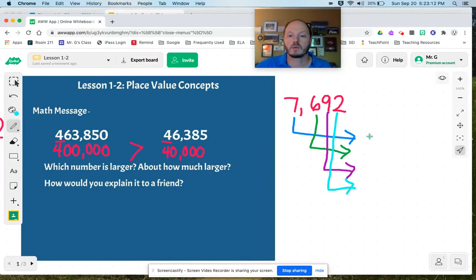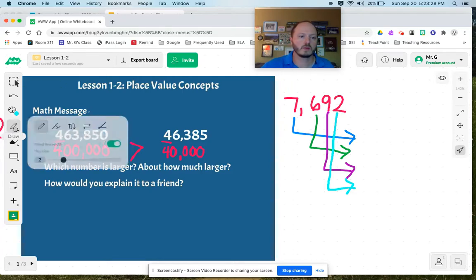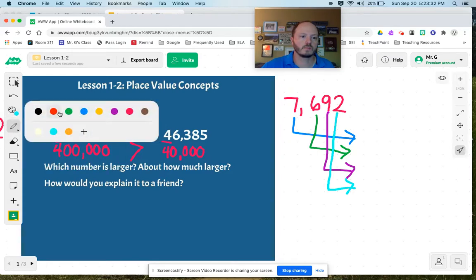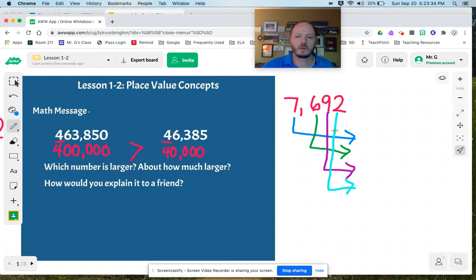So 7 in the thousands place. What is its value? 6 in the hundreds place. What is its value? 9 in the tens place and 2 in the ones place. Well, let's write that all out. So our 7 is 7,000.